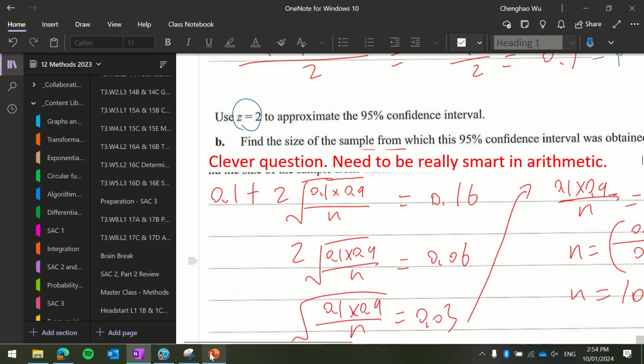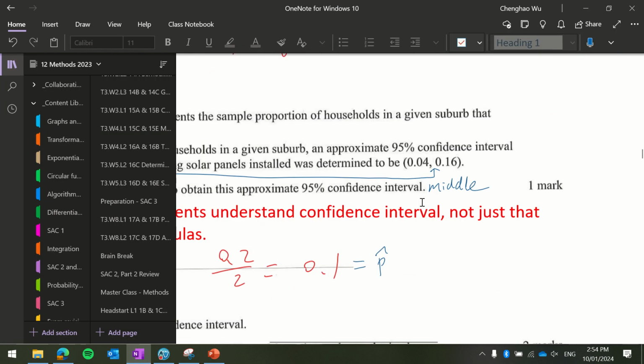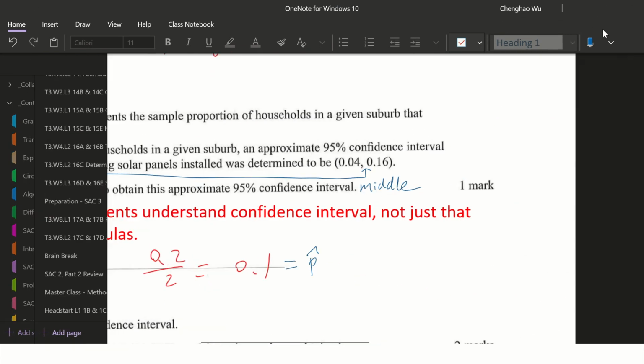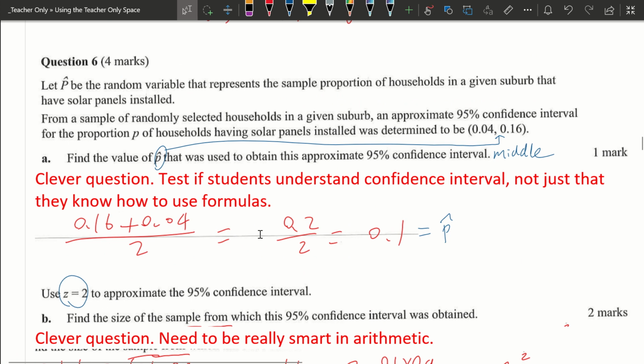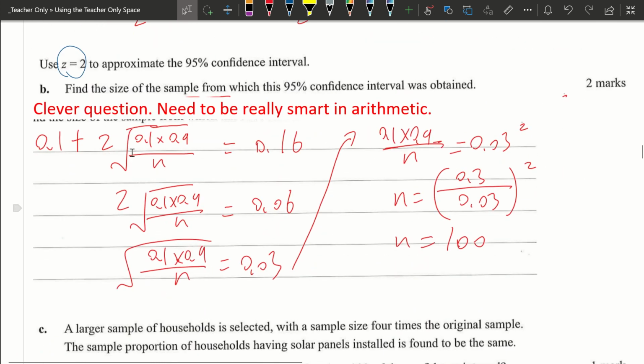So we have all the numbers except N, and we know the whole thing. This whole thing is 0.16, because that's what the question has. So put all those into the formula, and you get this nasty thing. 0.1 plus 2 times square root of 0.1 times 0.9 over N is 0.16.